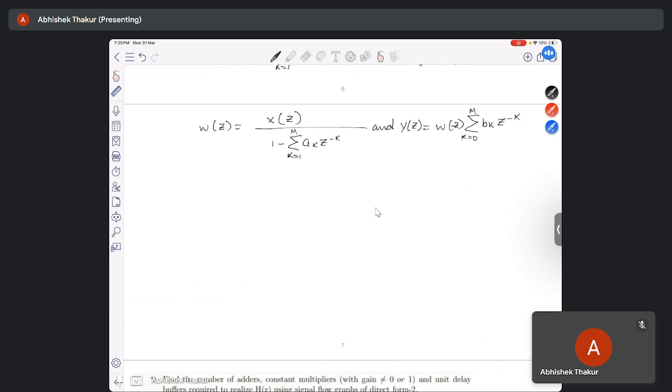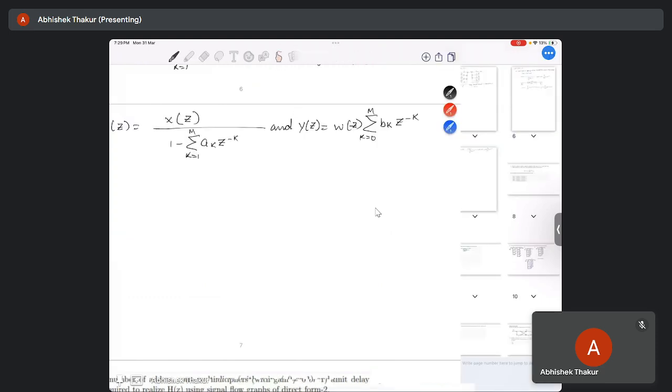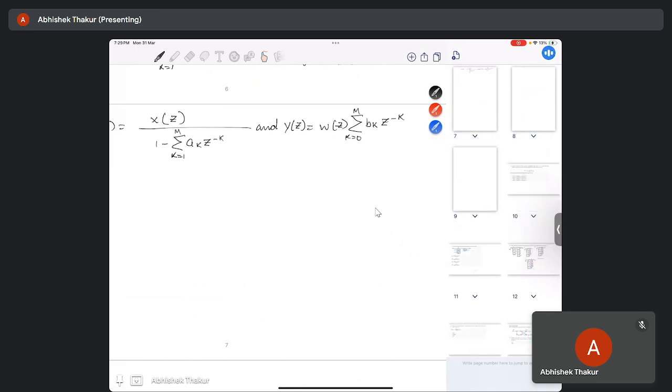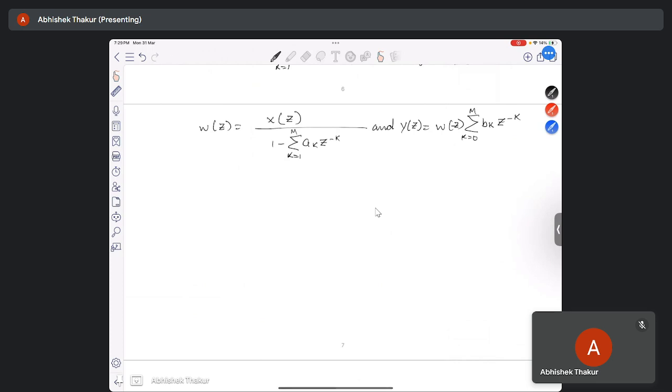Now we'll take one example, then it will be easier.